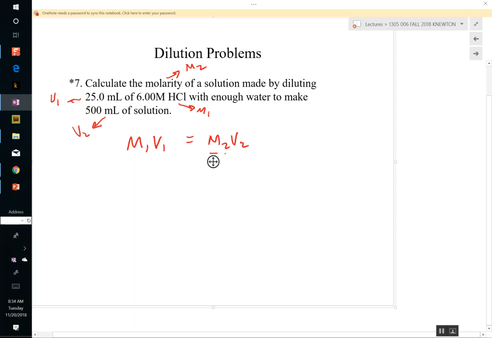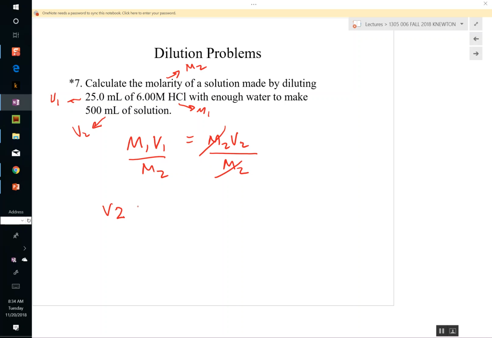M2 is our unknown, so we need to divide by... No, I'm sorry. Back up. We need M2. Okay, I'm going too fast.